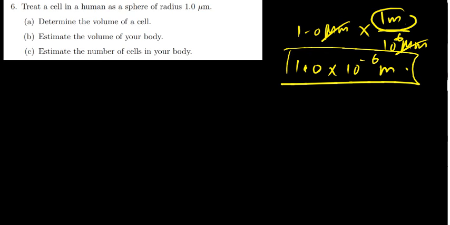Now they're saying determine the volume of the cell. So what is the volume if you know the sphere? How do we calculate the volume of the sphere? But basically if they give you these questions in a test, they give the formulas.